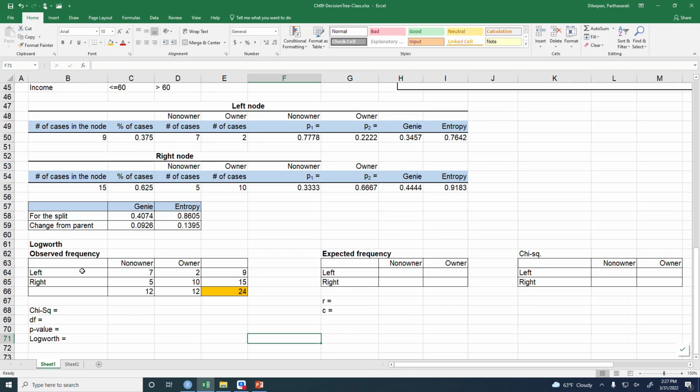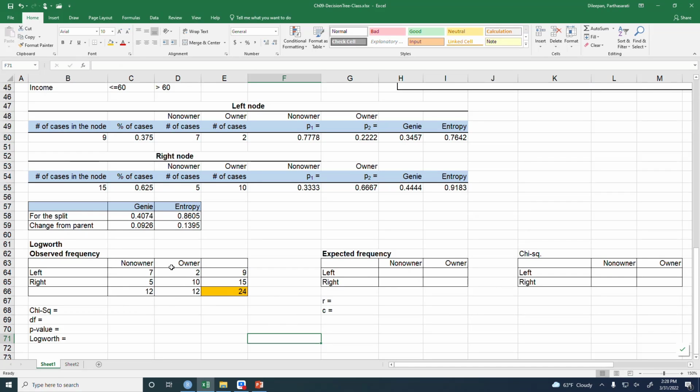If these are the predictions and these are the actual values, and there is a close relationship between these two, the most extreme case would be all the non-owners on the left side, 9, 0, and all the owners on the right side, 0, 15. That will be the most extreme case. Both the left side node and the right side node are completely pure. So that's what we need to compare with. This is the actual.